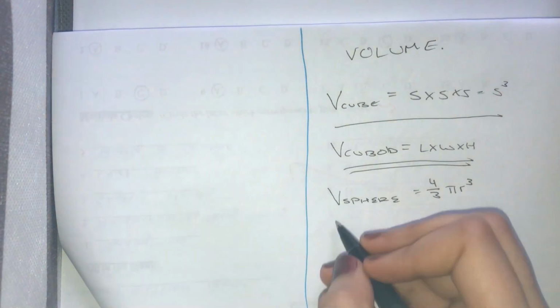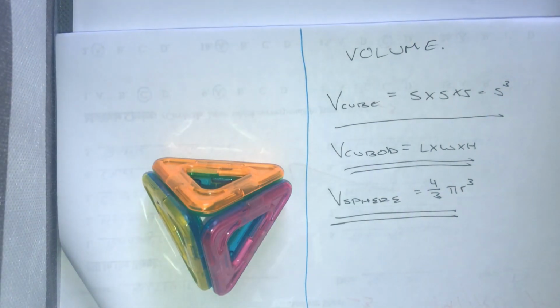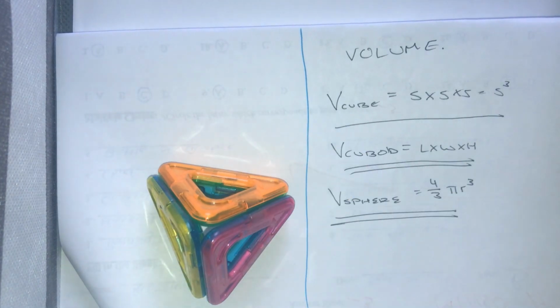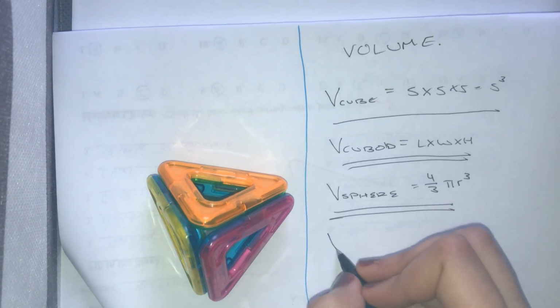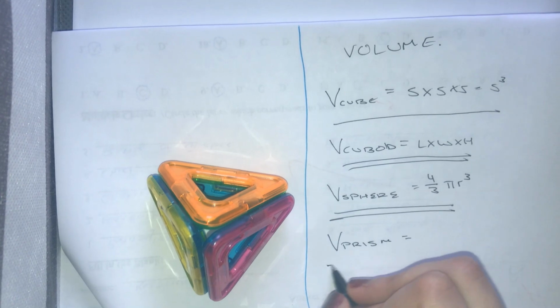Okay, so moving on to our next 3D shape, that's a prism. A prism or pyramid, your choice. So we have a prism here, volume of, let's call it prism, not pyramid, but you know it's all the same.